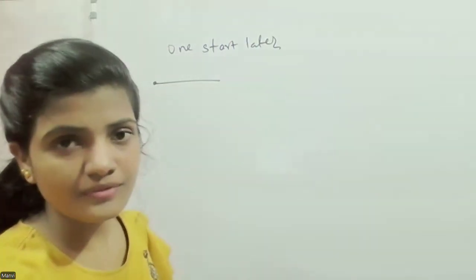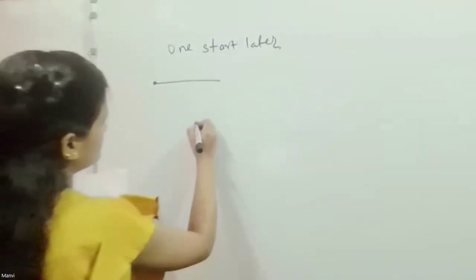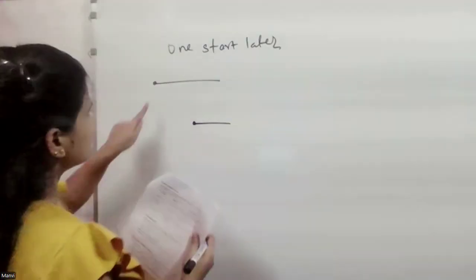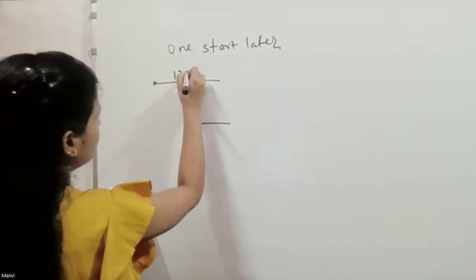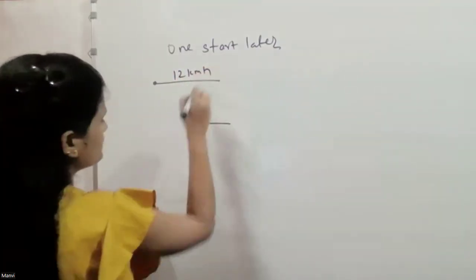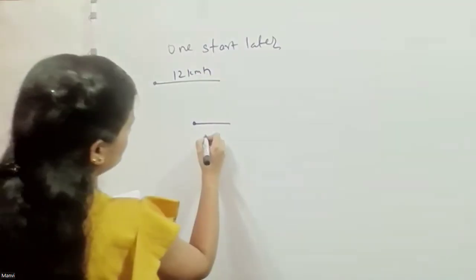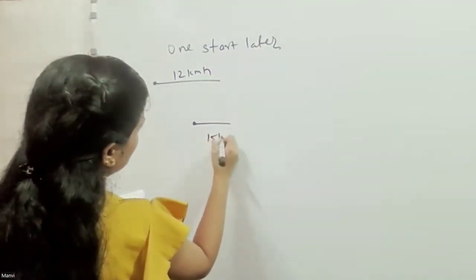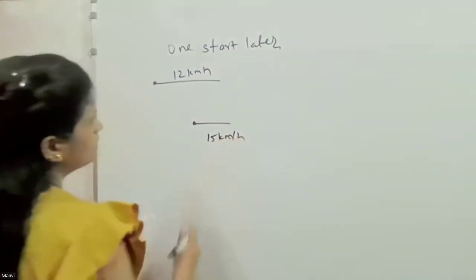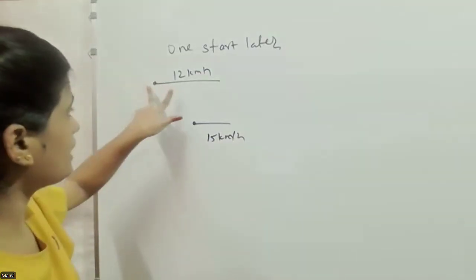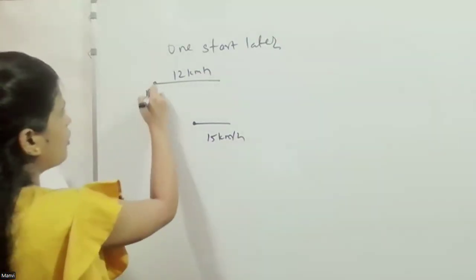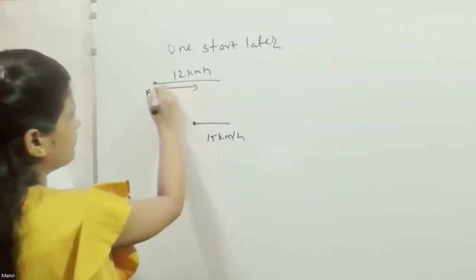So first we need to calculate how far this already traveled. For example, if this travels at 12 kilometers per hour and that travels at 15 kilometers per hour, in 1 hour this car A has already traveled 12 kilometers, right?